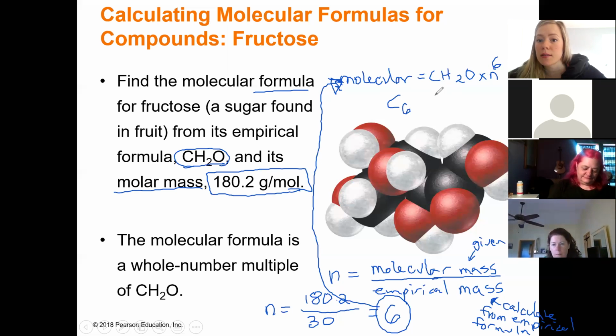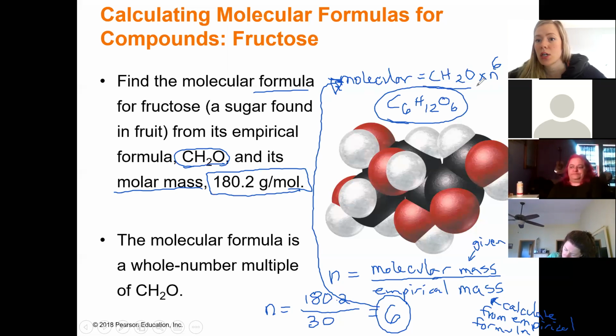So C would get a new subscript of 6. H would get a subscript of 12. And O would get a subscript of 6. All right, this thing is 6 times as large as this thing. So when figuring out molecular formula, you first have to figure out N, how much bigger the molecular formula is, and then you thread it back in to actually get the formula.